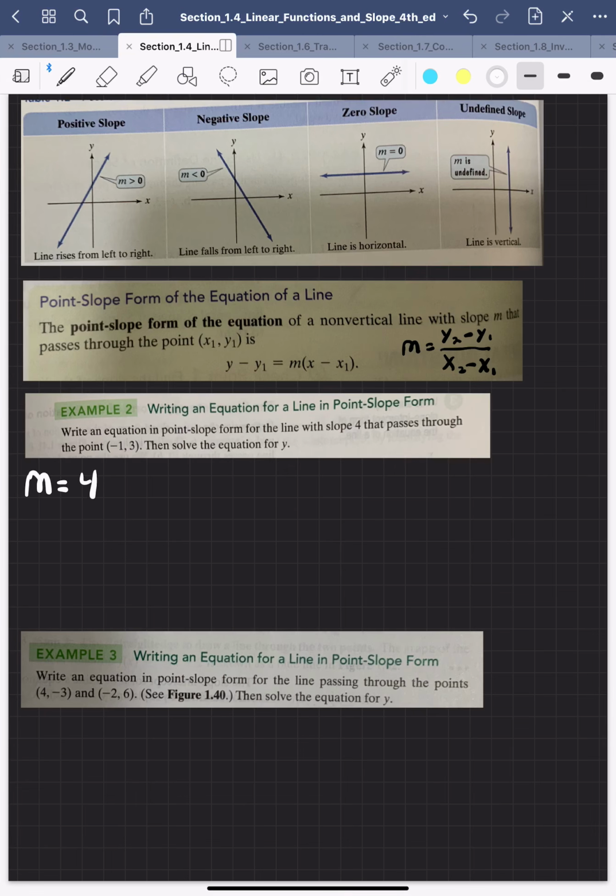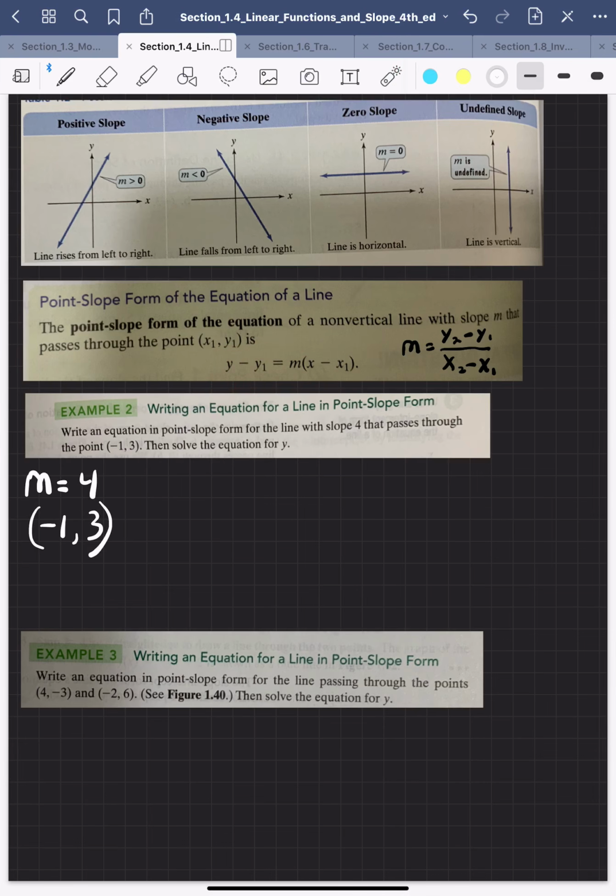And we're told that we have a point on that line, -1, 3. So what do you know? Here, the only thing you know about this line is it crosses this point, and that this is the rate of change. Ready? Let's go ahead and see if we can use this point slope formula.